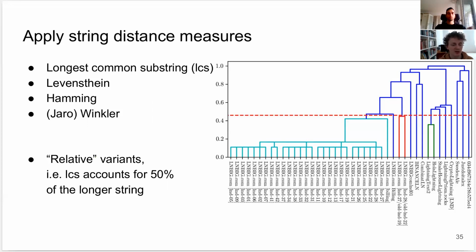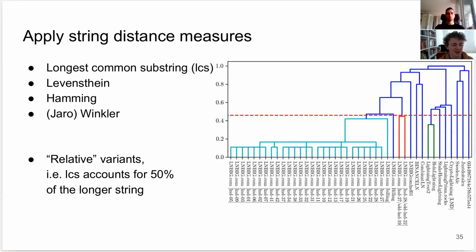And on the right-hand side, you can see what applying the longest common substring measure would look like at a certain threshold, which is the horizontal dashed red line. What that would output if we supply it with all LNBig nodes that we've seen and some random ones.